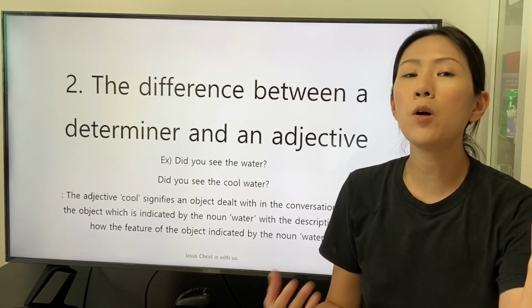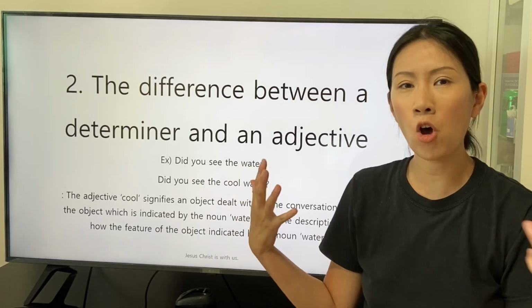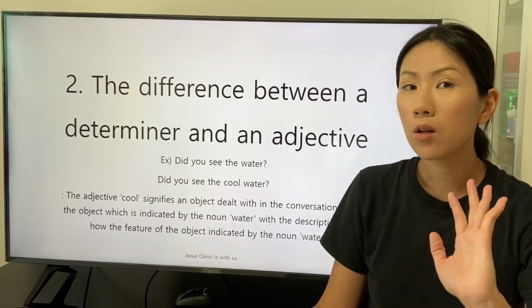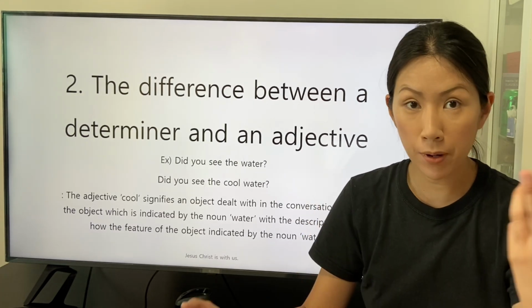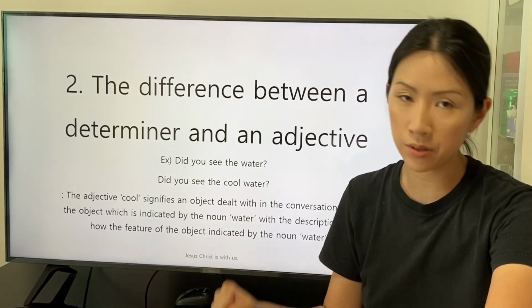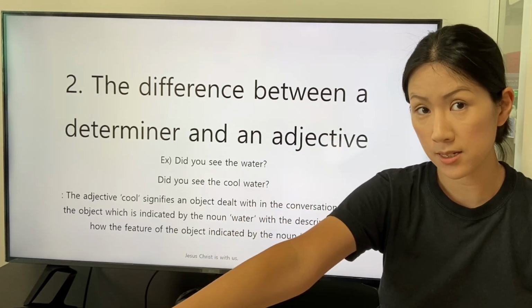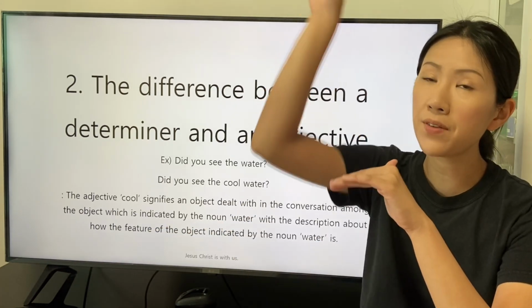The speaker who applies the definite article the as a determiner may set the premise that the speaker and the listeners recognize the object in the conversation from the previous context.